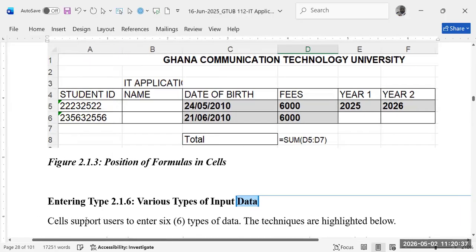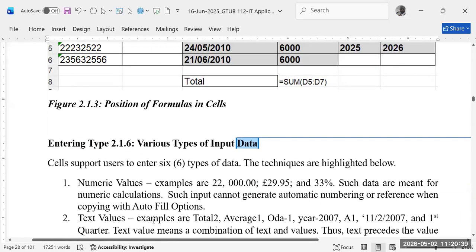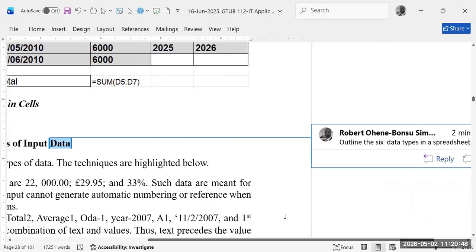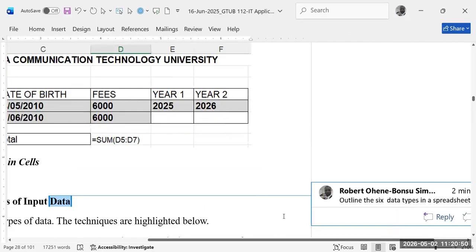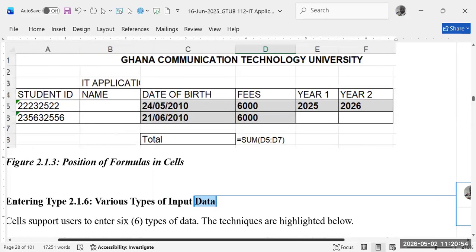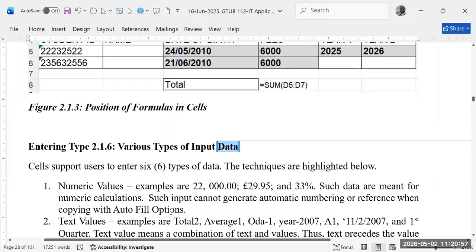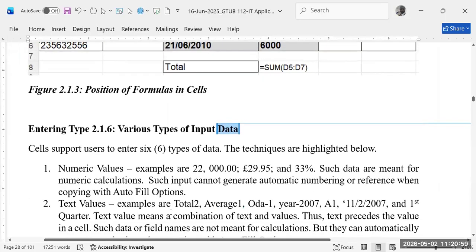So you pick one, you tell me your understanding. The question is: outline the 6 different types of input data in Excel or in a spreadsheet. You pick one, tell me your understanding.